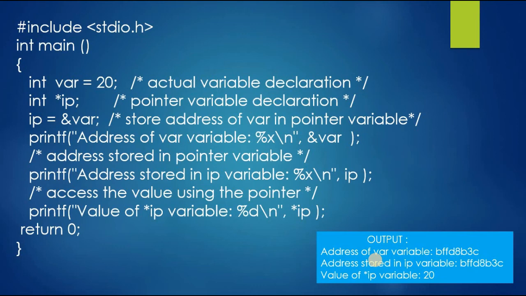And the value of the pointer variable means the pointer accesses the variable's value, that is 20, because we declared the integer variable equal to 20.